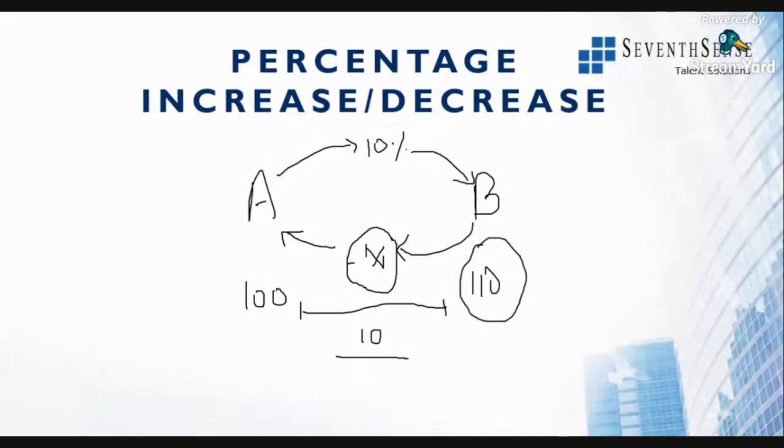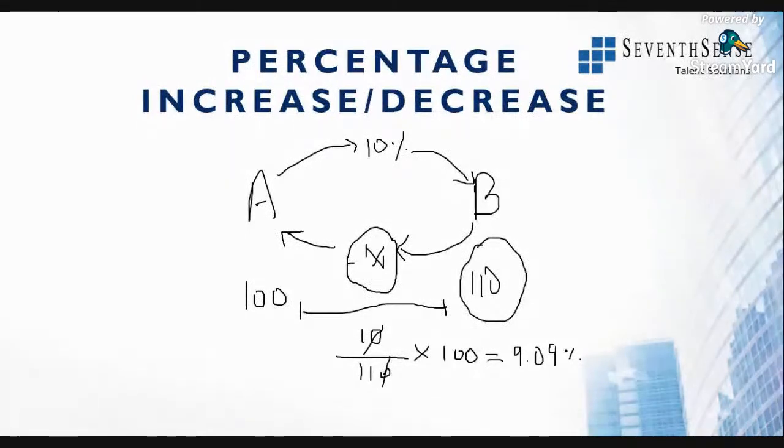A is 10 rupees less than B. So it becomes 10 by 110 into 100. So this 0 and 0 gets cancelled. 1 by 11, you all know it is 9.09%. Clear? Hope you all remember this.